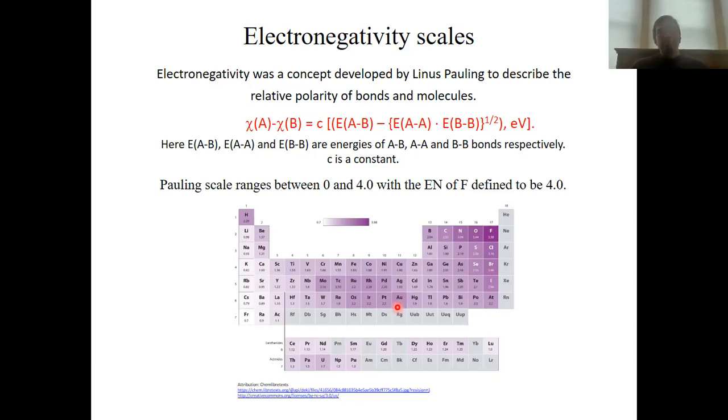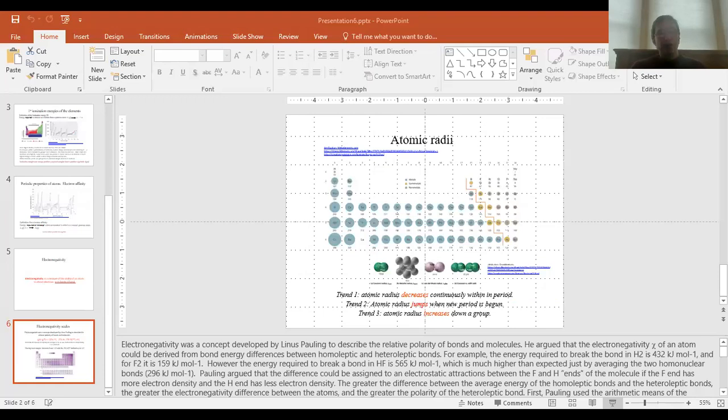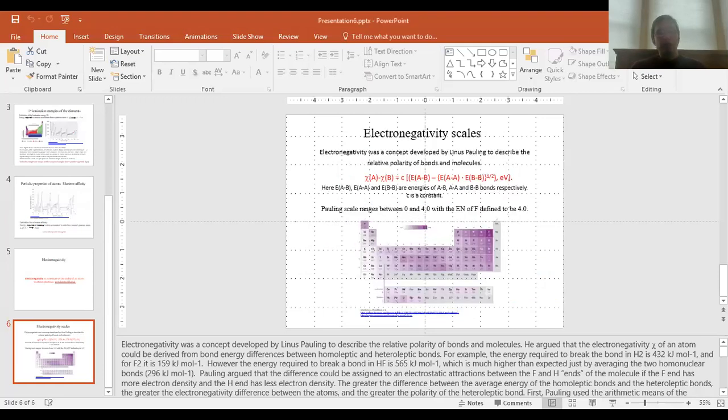Okay, now let us look at a few other electronegativity scales.